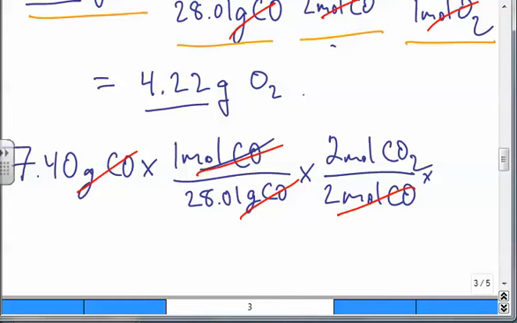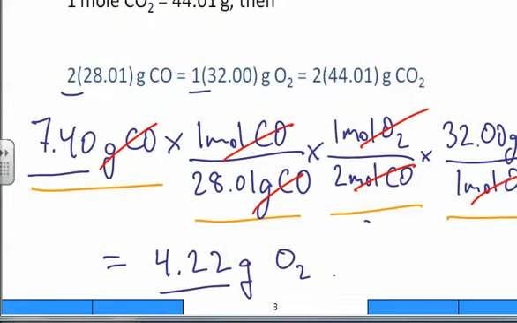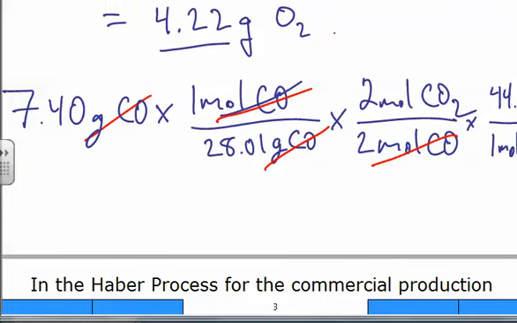I need to go to grams of carbon dioxide, and I'm going to use the molar mass, this time multiplying by that molar mass: 44.01 grams of CO2 per 1 mole of CO2. My page is running out of space here, but I can't do anything about it.